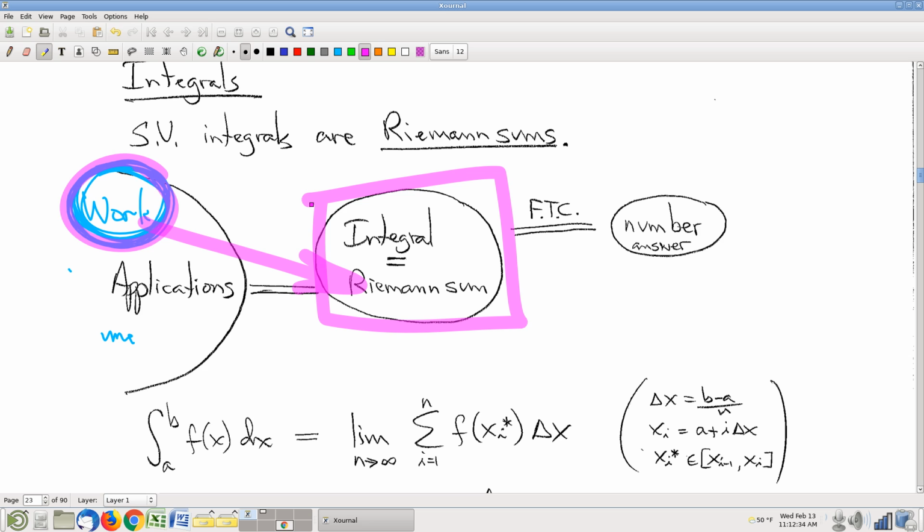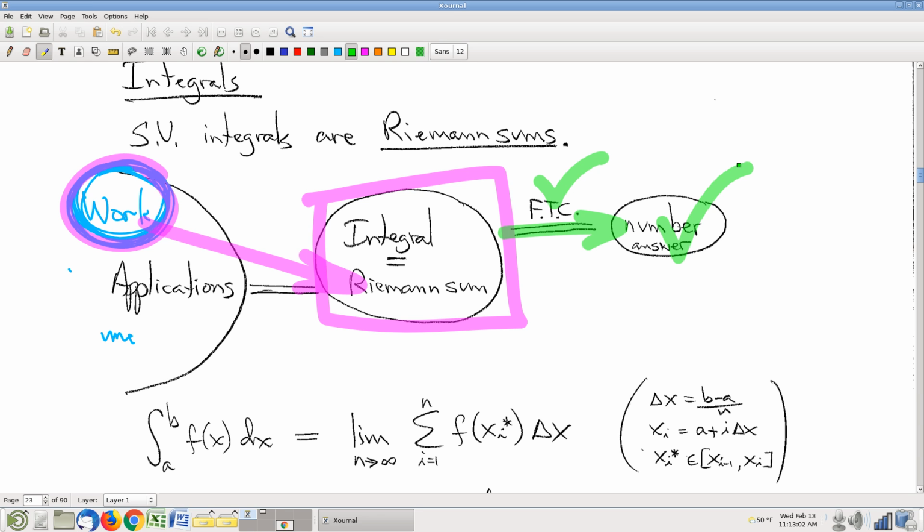And then, yes, by the way, of course, I am very aware that the fundamental theorem of calculus, that whole formula involving F of b minus F of a, helps us turn the Riemann sums that we've just written down into the number answers that we need. Yeah, for sure. But the Riemann sum is the essential node on this diagram that connects everything together. Riemann sums.